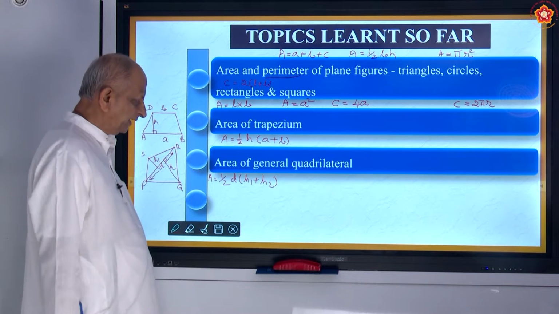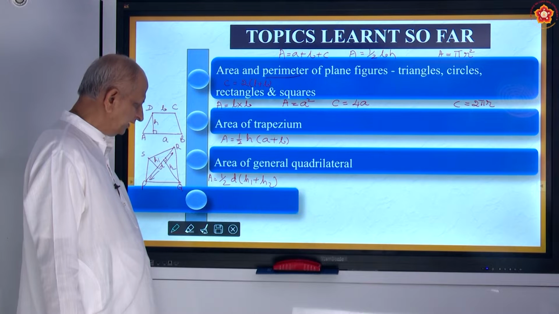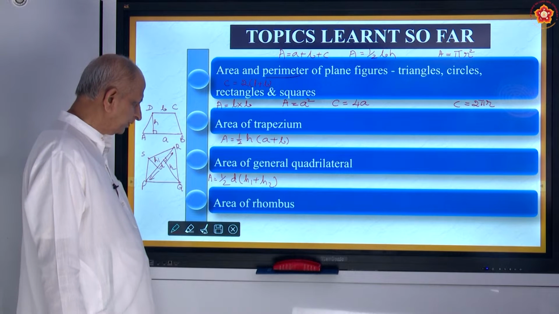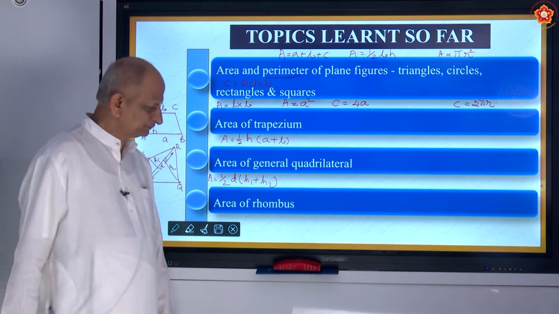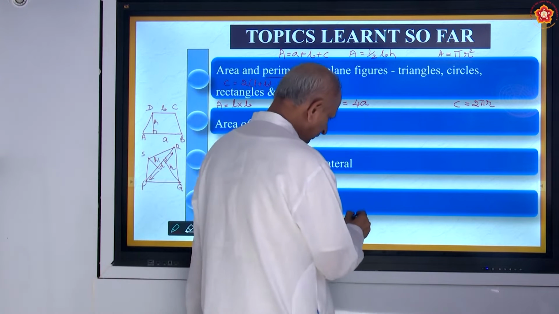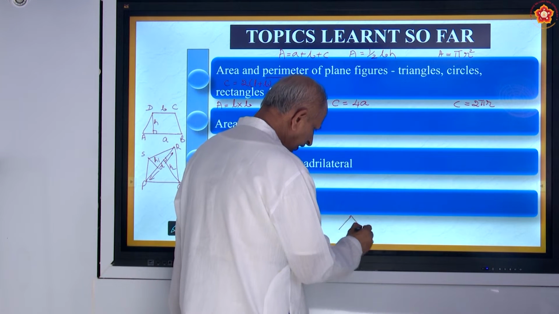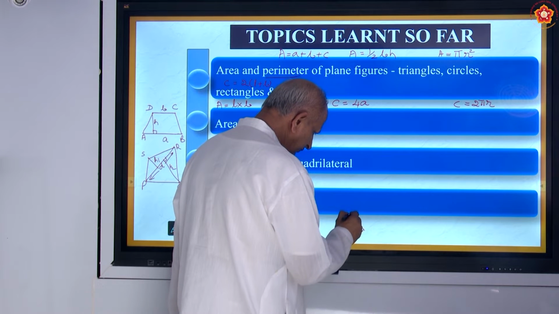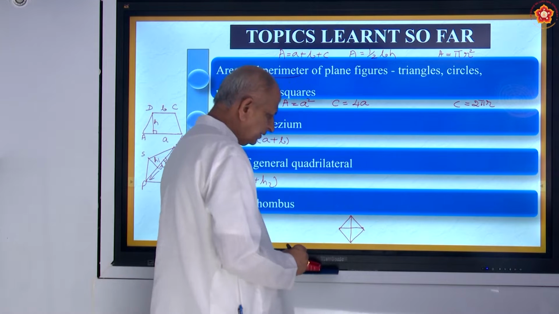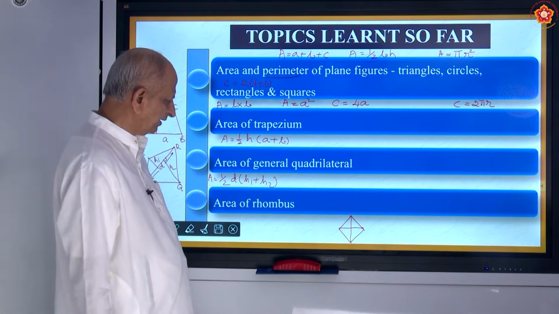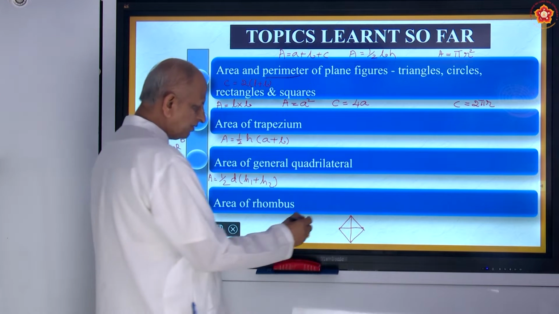We already studied that. And lastly, we studied about area of rhombus. What are the properties of rhombus? Rhombus is a quadrilateral having all the four sides equal. Most important property is that the diagonals bisect each other at right angles.